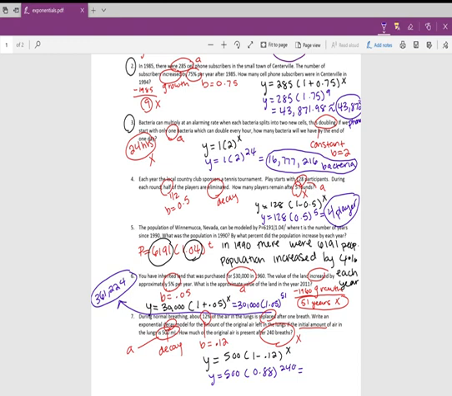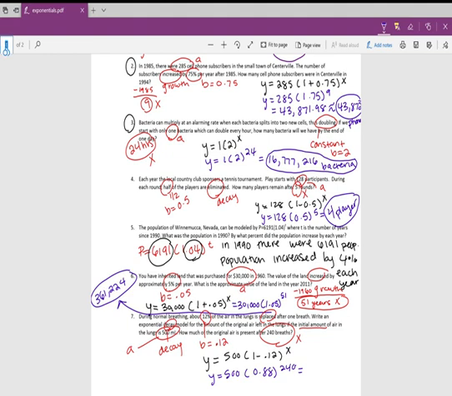So this is going to give us, give me 1 second, 0.88 to the power of 240. Keeps messing up my calculator. 0.88 to the power of 240 times 500. Oops.